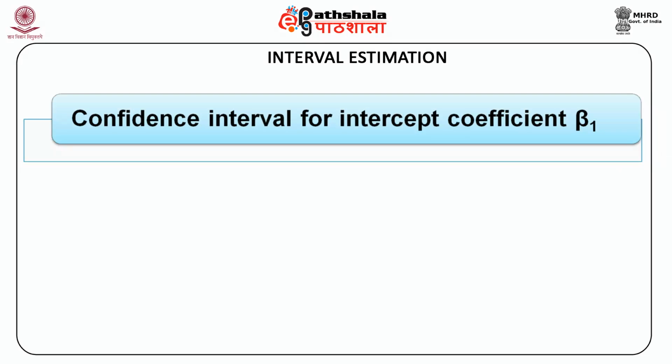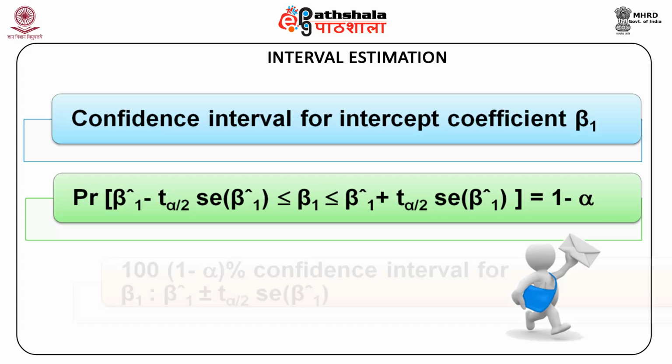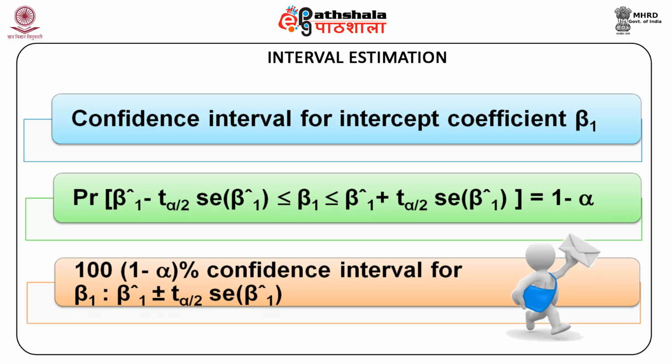Similarly, the confidence interval for the intercept coefficient beta 1 is given by Pr[beta hat 1 minus t alpha divided by 2 SE beta hat 1, which is less than beta 1, which is less than beta hat 1 plus t alpha divided by 2 SE beta hat 1] equal to 1 minus alpha, or the 100 times (1 minus alpha) percent confidence interval for beta 1 is beta hat 1 plus or minus t alpha divided by 2 SE beta hat 1.